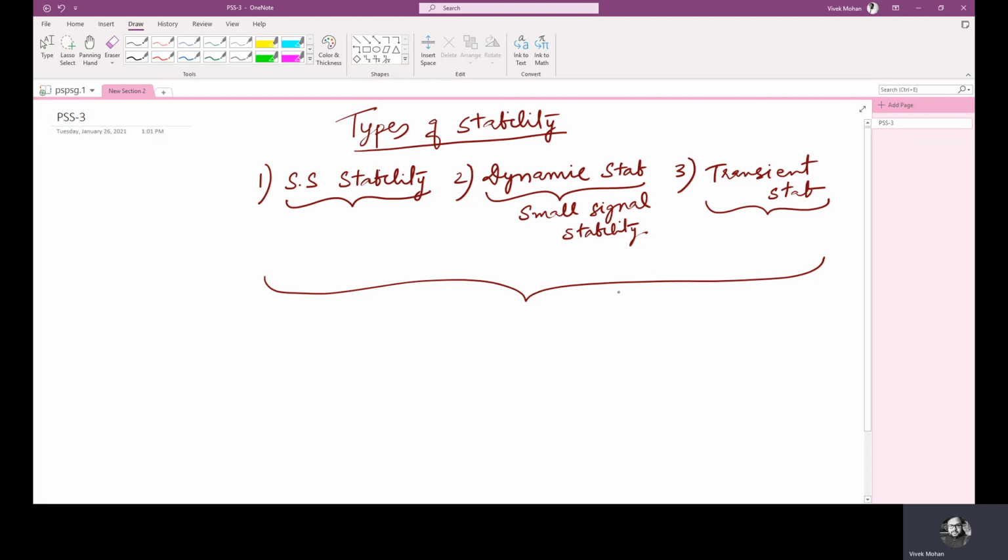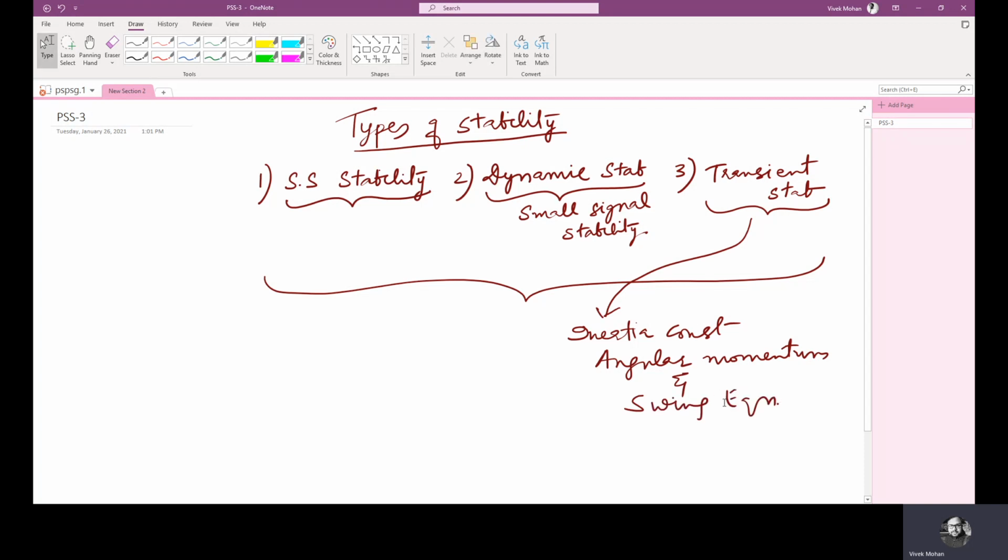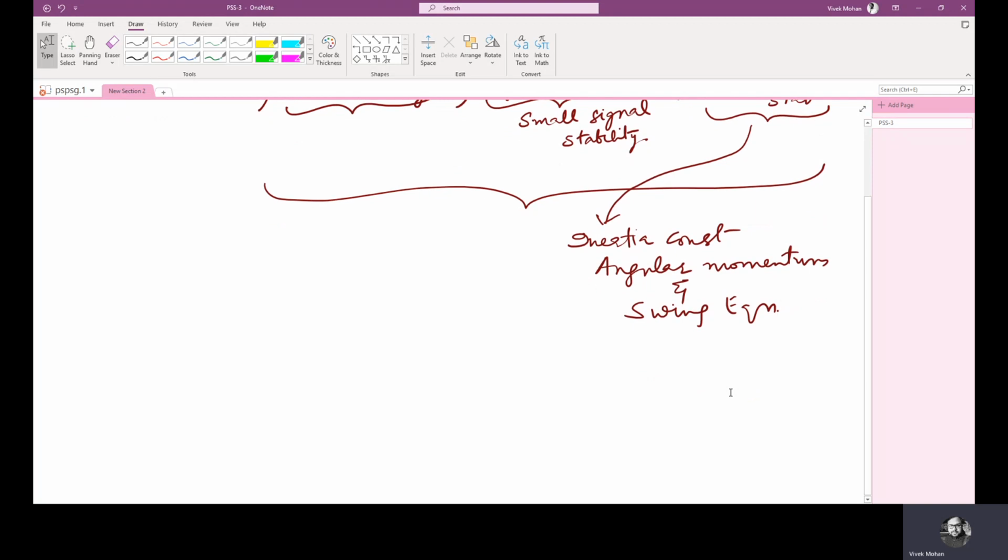So to study transient stability, we need inertia constant, then angular momentum, and swing equation. So let's see what are these things.